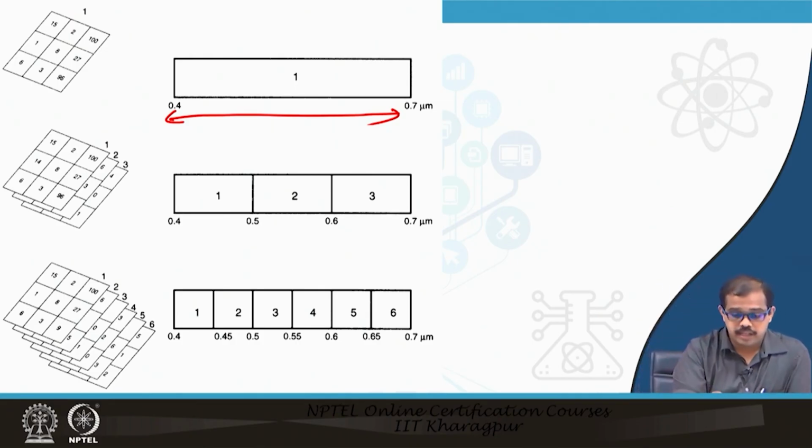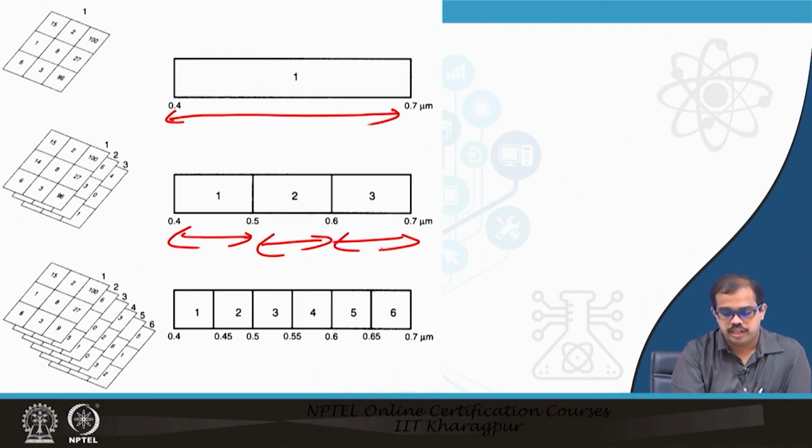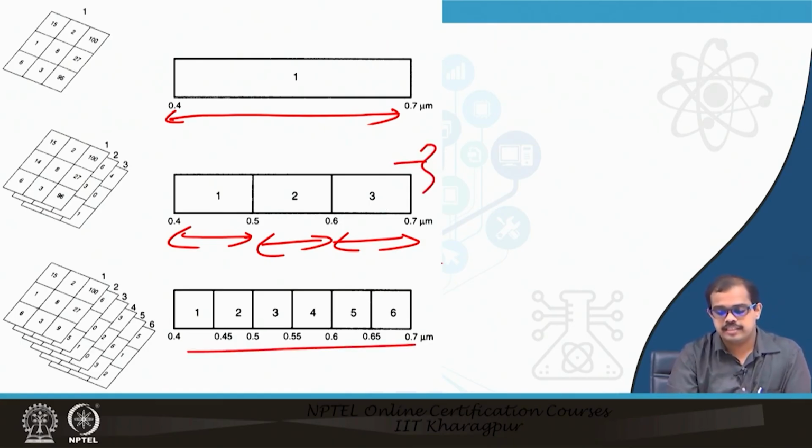If the same energy spectrum is broken into 3 different sensors, each capturing at 3 different wavelengths, then its spectral resolution is 3. If it has been broken into 6 different parts, with 6 different sensors capturing it, then the spectral resolution is 6.